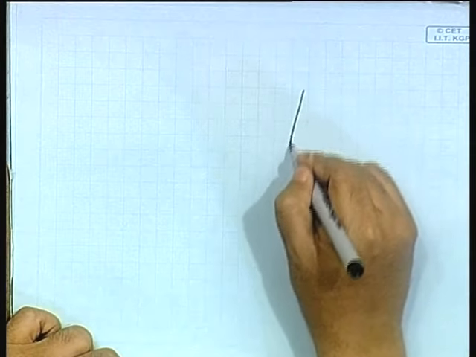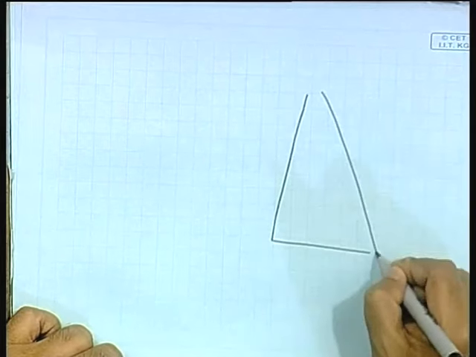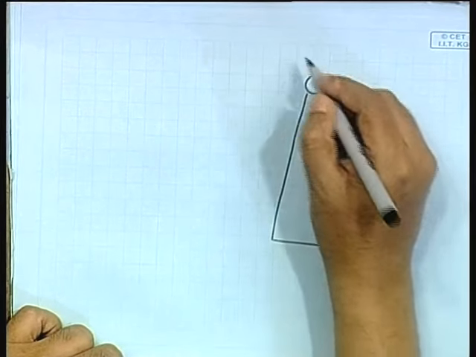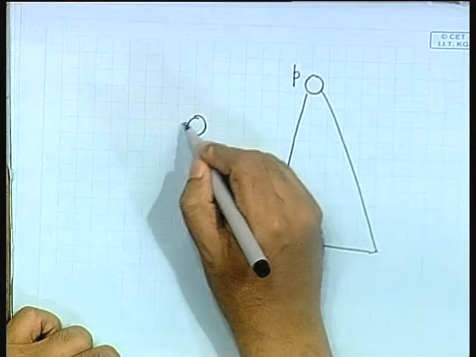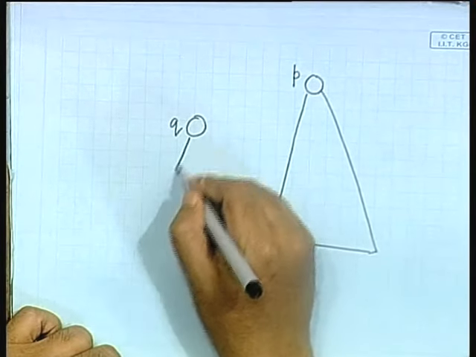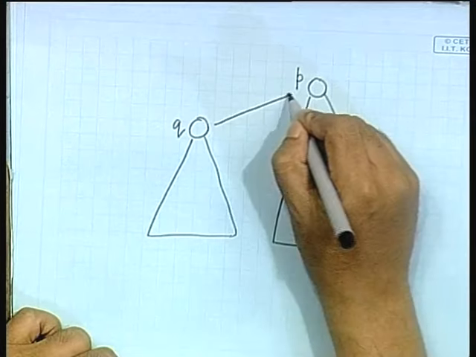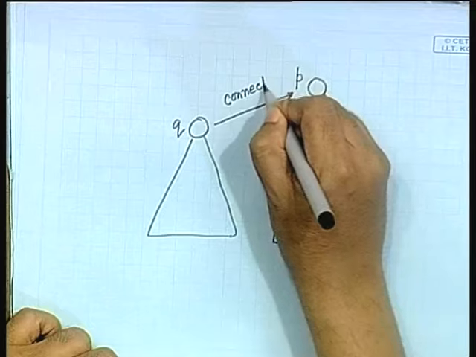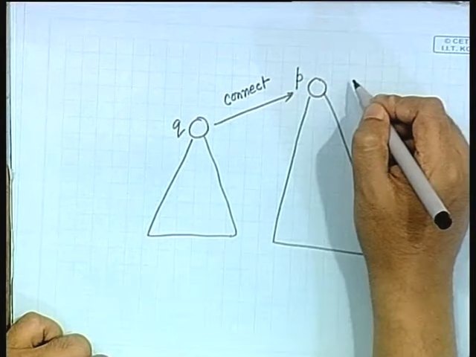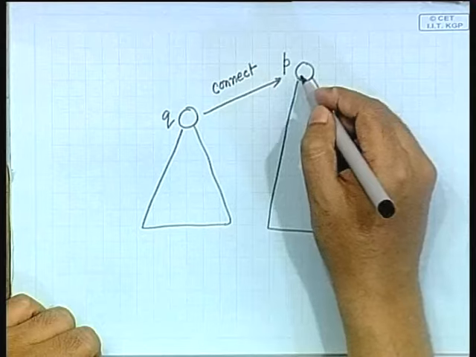This is the larger fragment. This is P, and this is Q. Q is the smaller fragment. Q has sent a connect message to P. Now, what will P do?